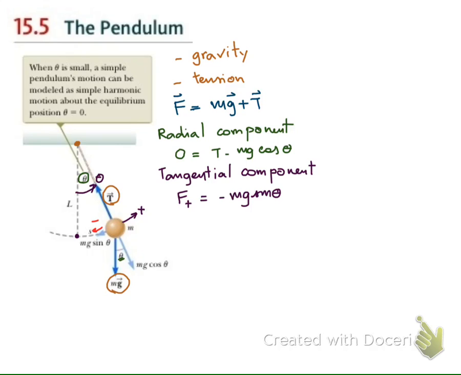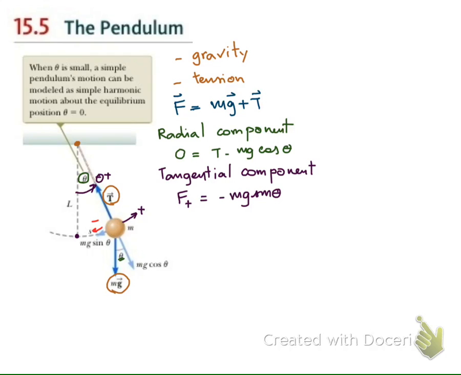So in this figure you can see that if theta is positive, the tangential component of the gravity will be negative.